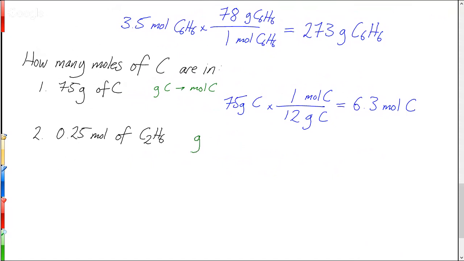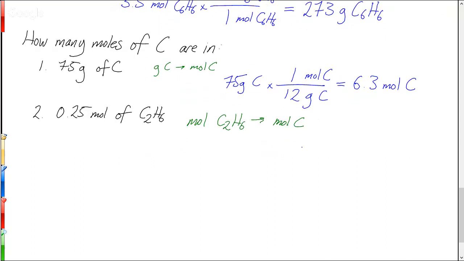So in this case, we're converting from moles of C2H6 to moles of just carbon. You could maybe just see that and know how you're going to convert that, but we can set it up in an equation anyway, just to make sure we know what we're doing here.